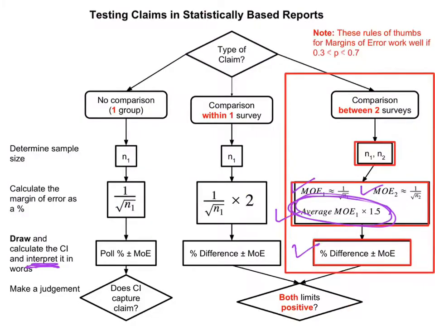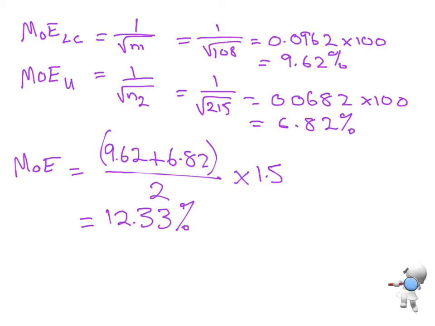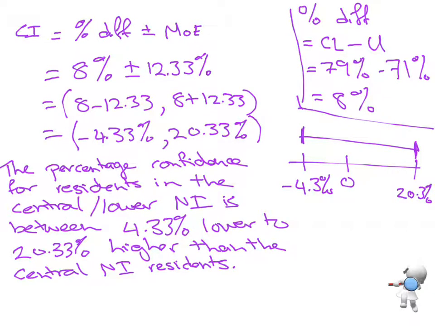Now I need to look at that confidence interval and I need to look at the claim. Are both of those limits positive or negative, and therefore what does that mean? Now I've got positive and negative. 0 is inside it. Because 0 is inside the confidence interval, the difference there could be 0.